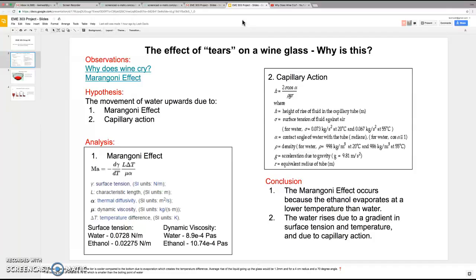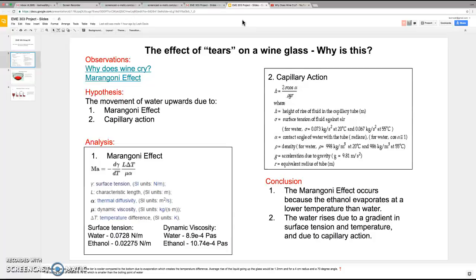There's a change in surface tension because when a little part of the wine goes up on its own, the ethanol actually evaporates because it has a lower flash point than water. So the water is left behind, and water has a higher surface tension than ethanol.